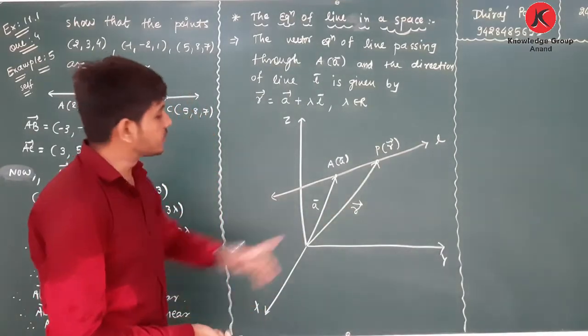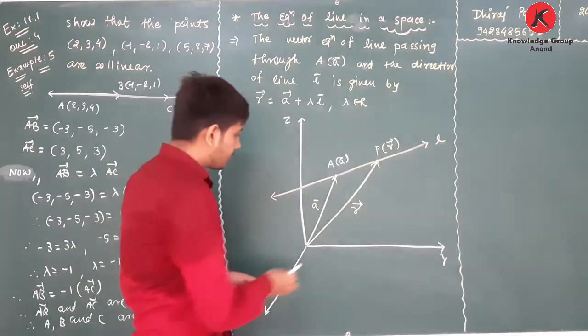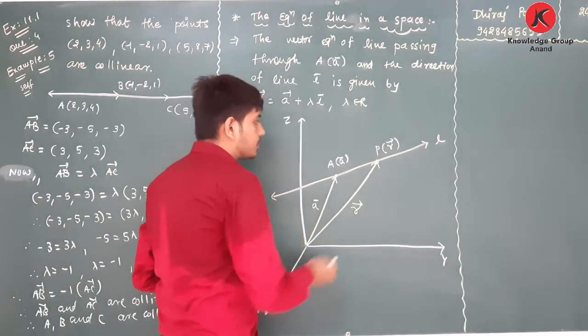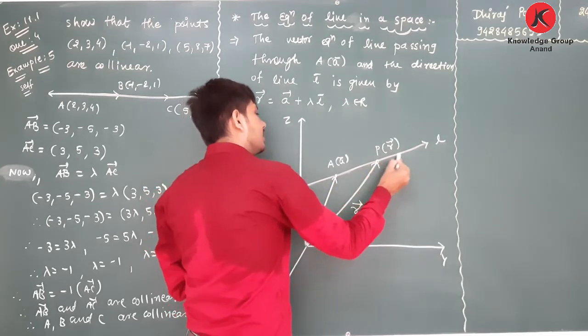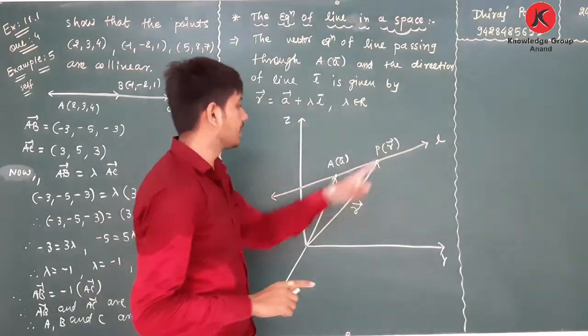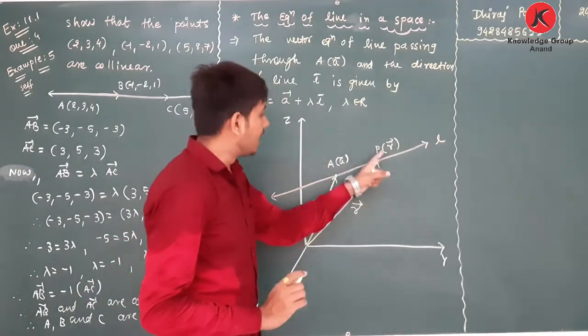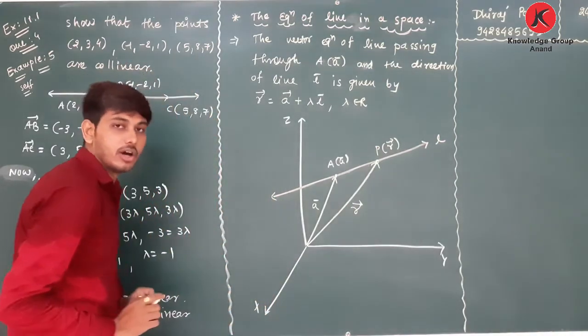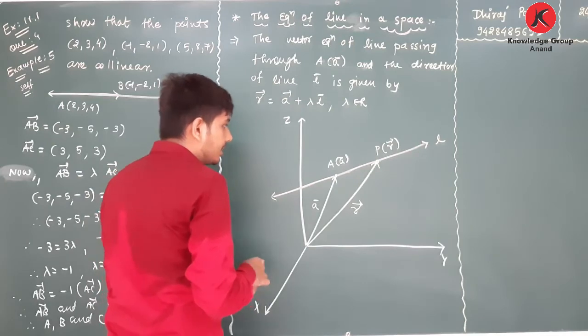Here P point is variable point, here R bar is variable vector, variable position vector. That means P point represents all the points of line L in general form. So R bar is your variable point on the line. Clear?